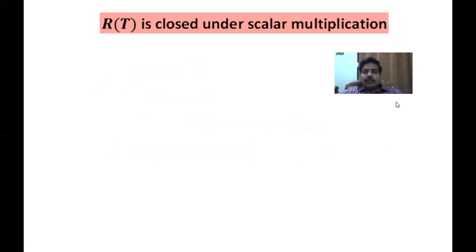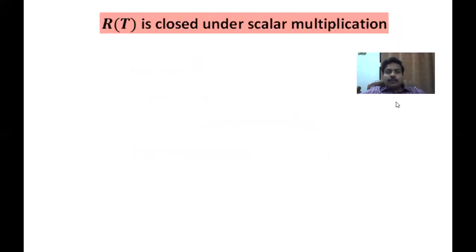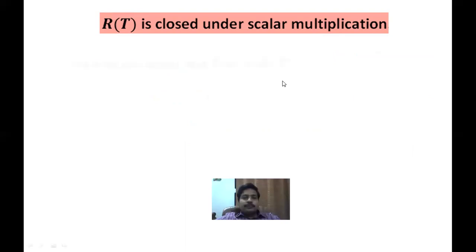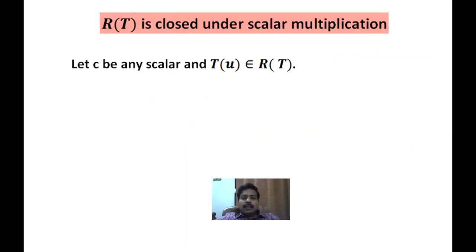Finally, we are going to prove that range of T is closed under scalar multiplication. Let c be any scalar and let T of u belong to range of T. Let us take one element in range of T, that is T of u.